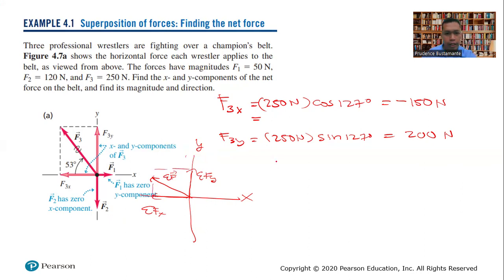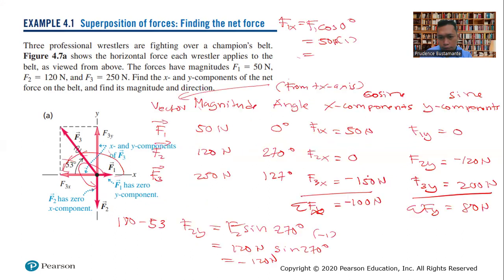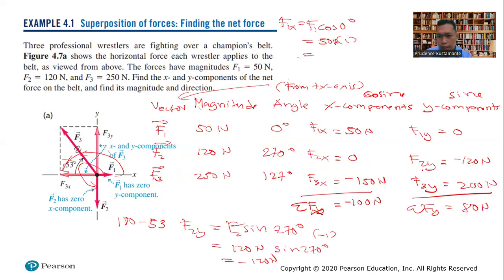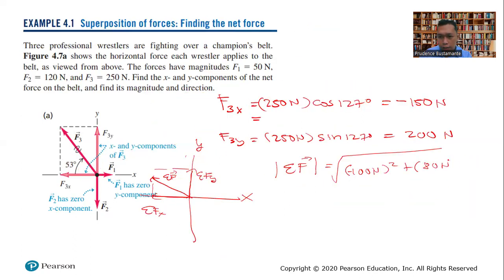Okay. So kung gusto nato ang magnitude sa atong net force, is equal to the square root of 100 Newton, negative 100 Newton squared plus 80 Newton squared.